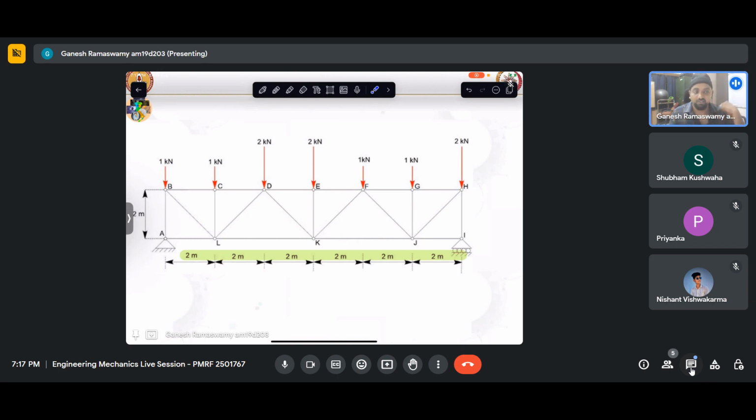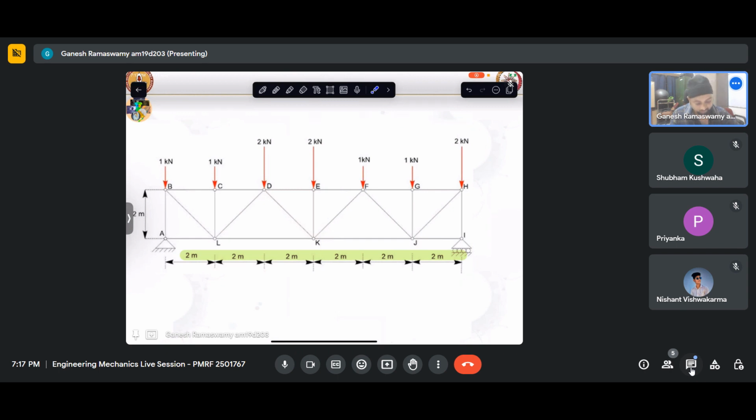It is not that it cannot be solved. Once we take that, we can do again sigma Fx, sigma Fy and find that out, but it will be a longer procedure. But we must note that there is no convention that we should cut section only from the left. We may as well cut section from the right also.